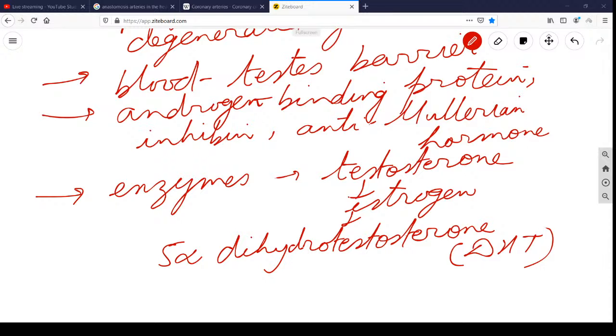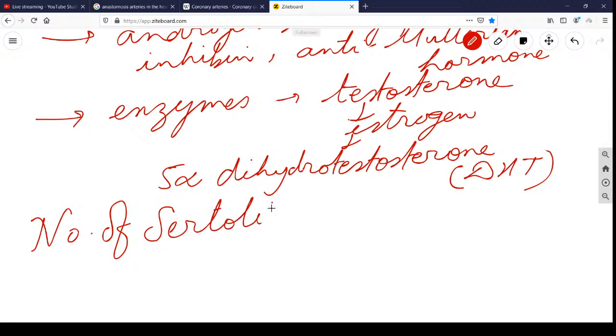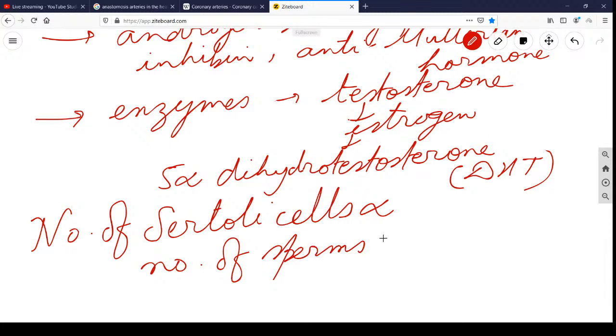If the number of Sertoli cells is very low, his sperm count will be low. So the number of healthy Sertoli cells is proportional to the number of sperms produced. That is a golden rule in case of sperm production by any man.